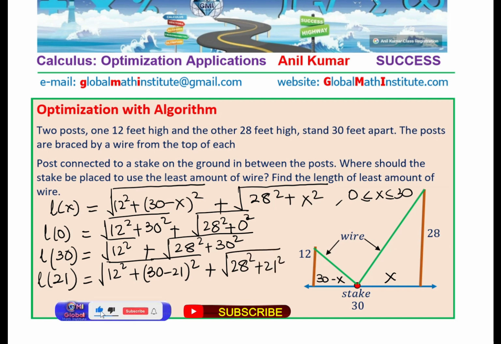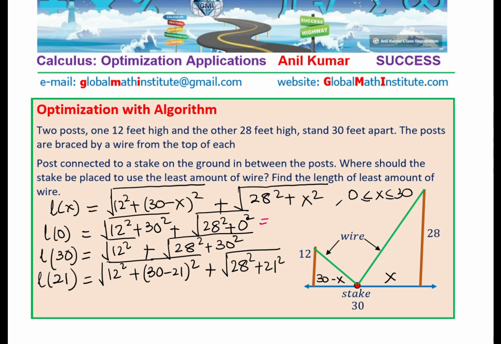Let's find each value using the calculator. So you can also compare but let's use calculator to find the value, right? Now, 12 square plus 30 square and then square root of this. Then to this, we are going to add 28, right?